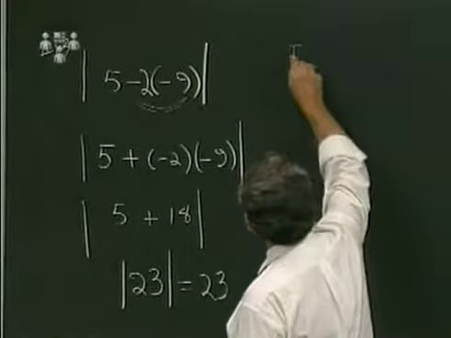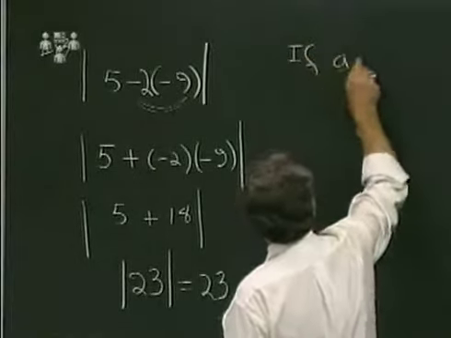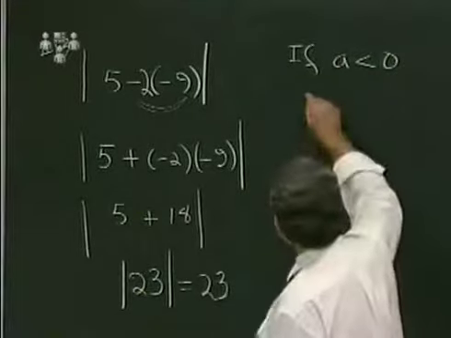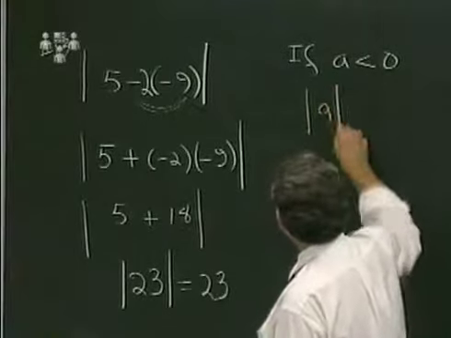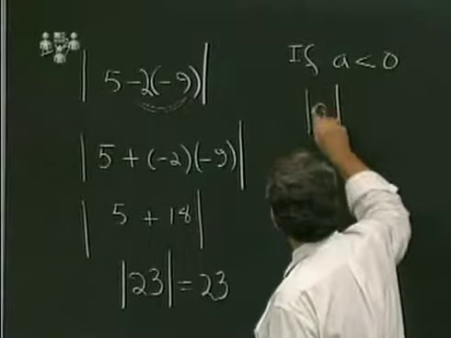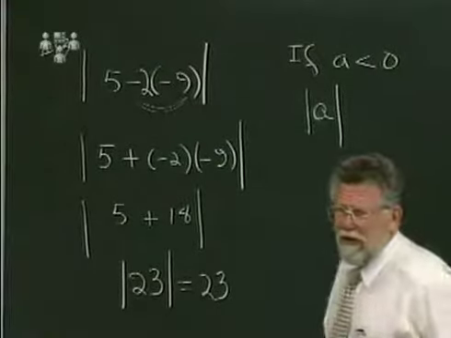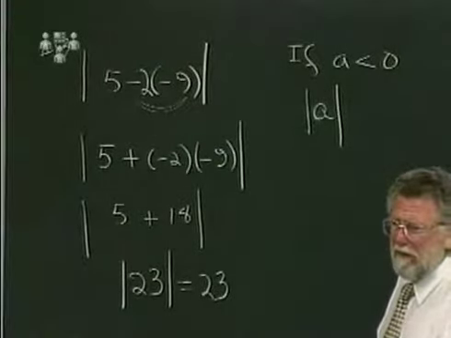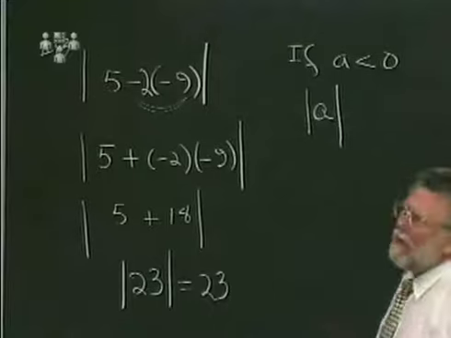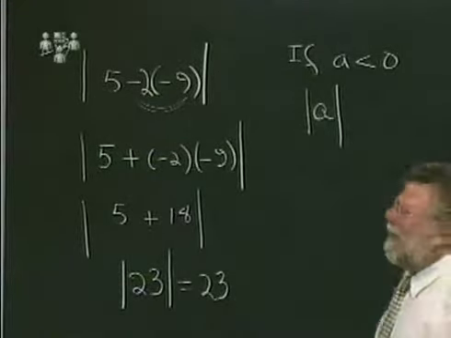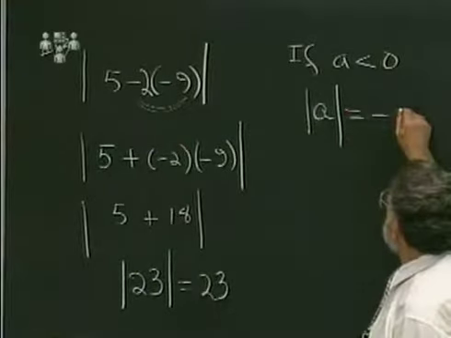If I tell you that a is less than 0, and then I ask you, tell me about this. That's supposed to be an a there. What is your answer? I don't like the word digit there because a negative a.